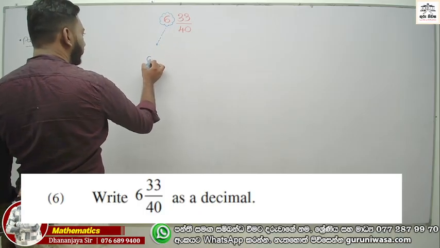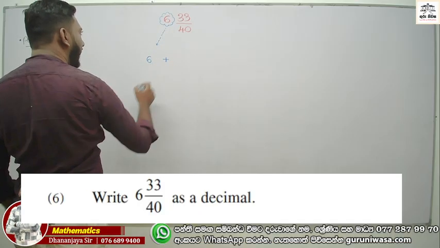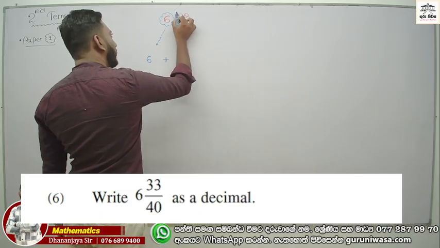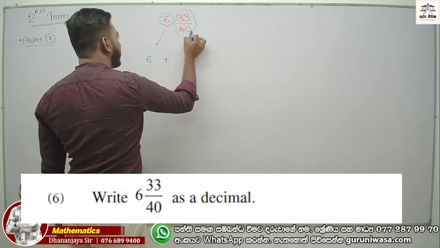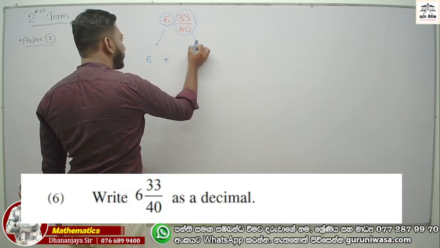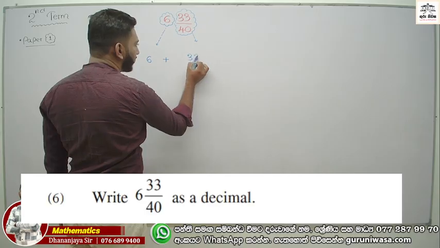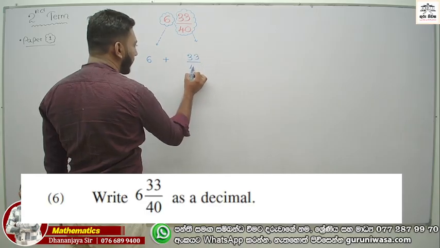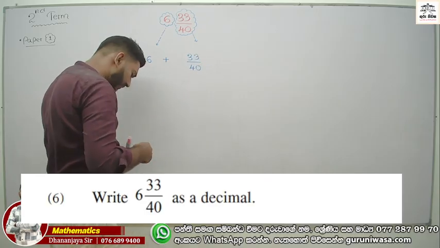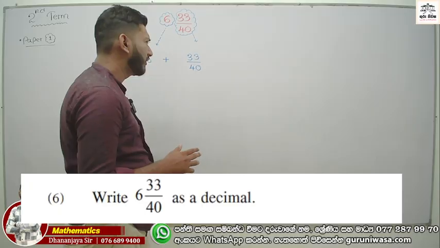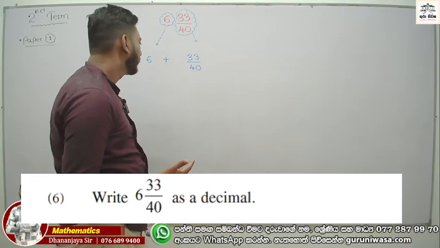There is only 6. And you need to add this part. I am going to change the denominator to 100 or 1000. Now listen. And this is 33 over 40. Now 40 is greater than 10. Therefore, it cannot be 10.